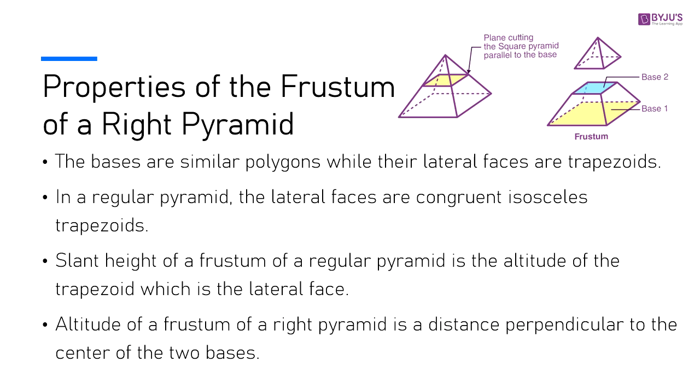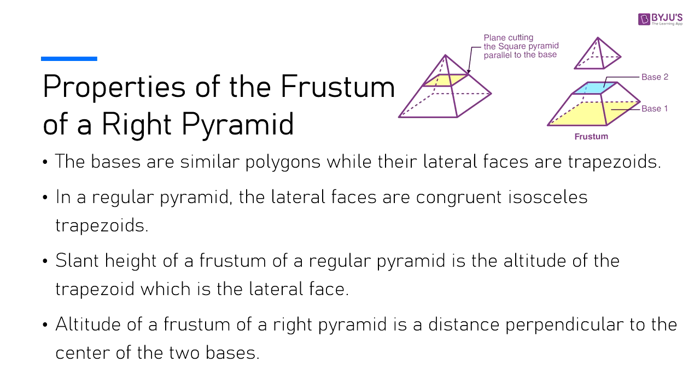Here are the different properties of the frustum of a right pyramid. First, the bases are all similar polygons, while their lateral faces are trapezoids. In regular pyramids, the lateral faces are all congruent isosceles trapezoids.